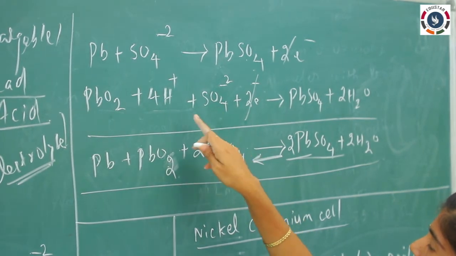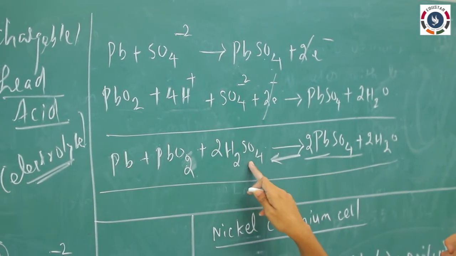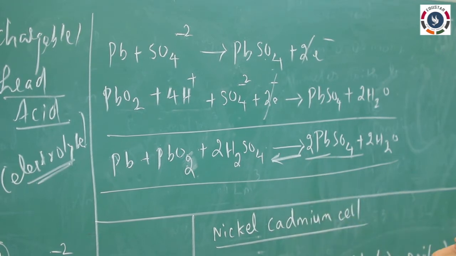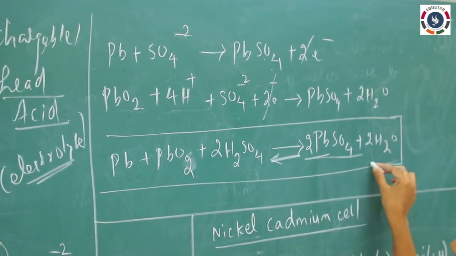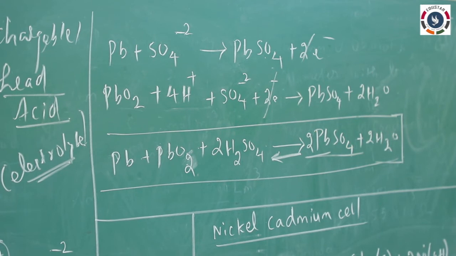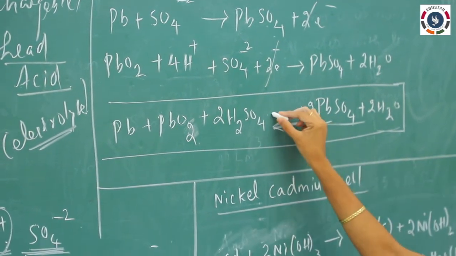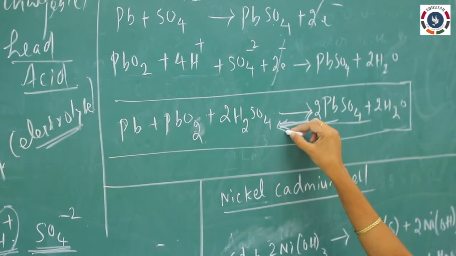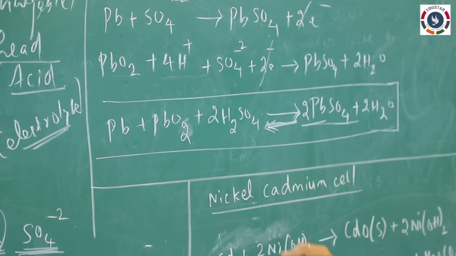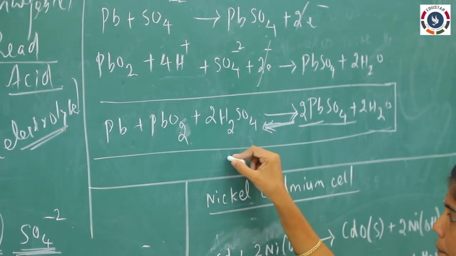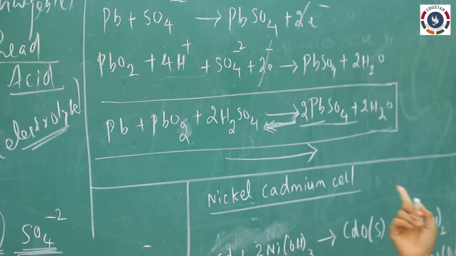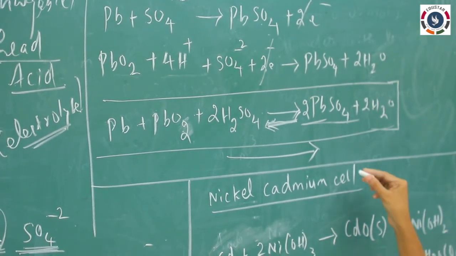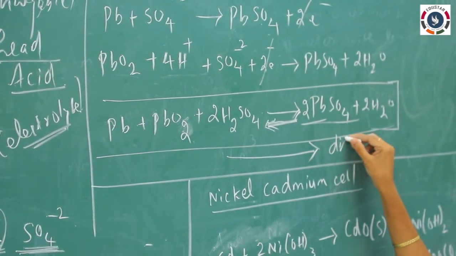So, 2 sulfate ions plus 4H plus giving 2H2SO4. This is the overall reaction for the lead acid battery. Don't forget to put an equilibrium arrow in this. What does this mean? When the reaction is happening in this direction, then the cell is getting discharged.